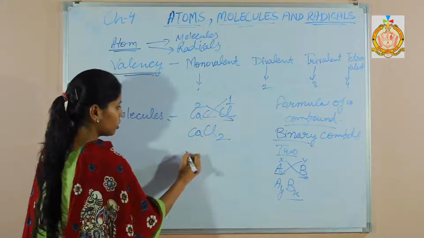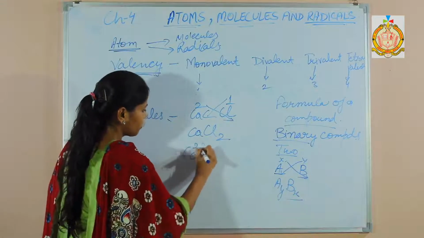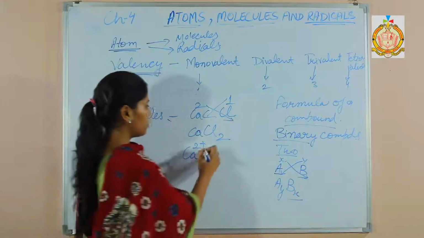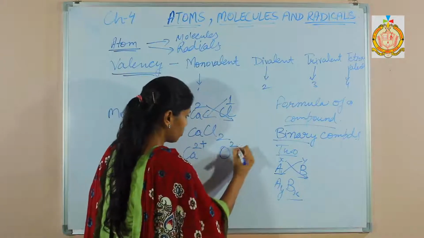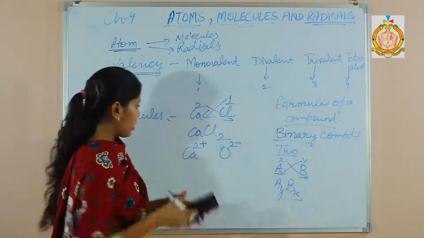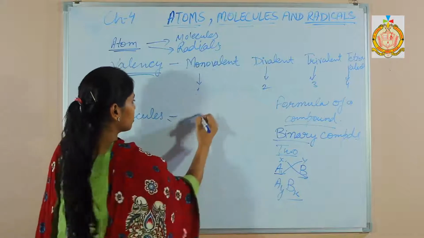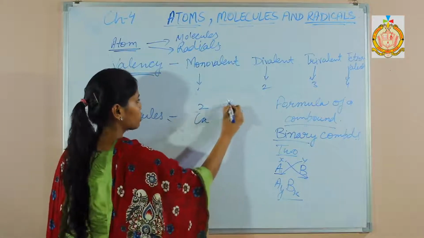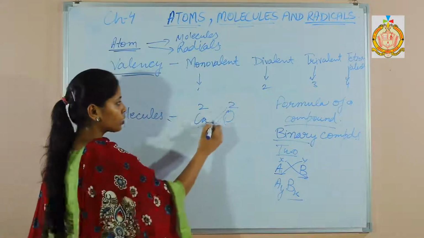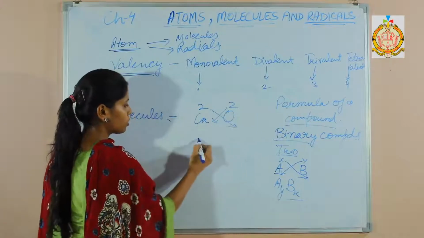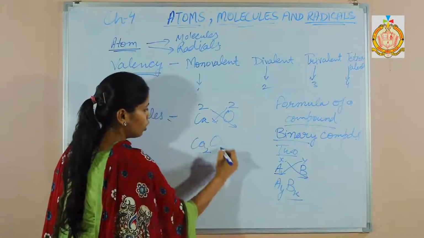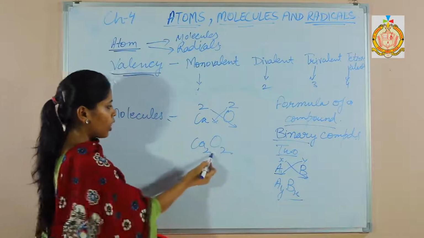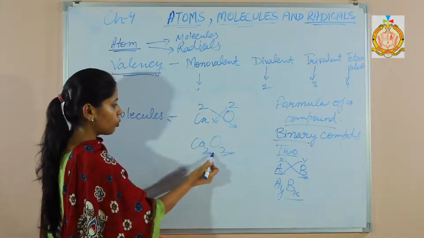And if there is calcium oxide, O2, CaO. Here it is 2, here it is also 2. Next step, transpose the valencies, it will become Ca2O2. Now divide with the highest common factor.